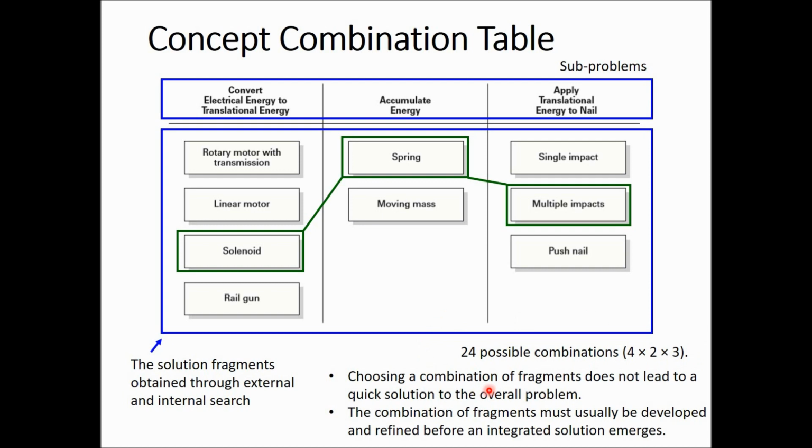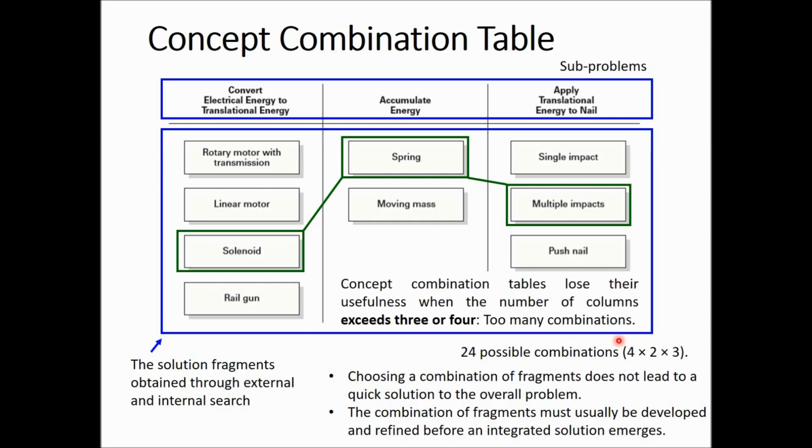So if you want to consider all these combinations, of course it will be a very time consuming process. If the number of columns in the combination table is more than 3 or 4, then that means there will be too many combinations that we could consider.